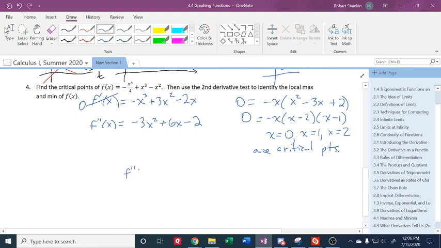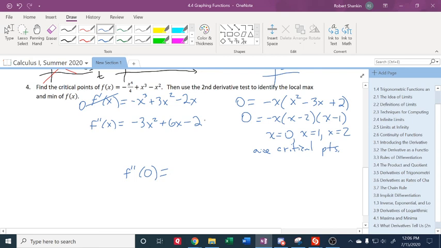F prime prime of 0. Because these likely are local maxes or local mins. Once in a while they're neither, but most of the time they're one of those. F prime prime of 0, if we plug in 0 in here, 0 is this term out, 0 is this term out, all you're left with is negative 2.